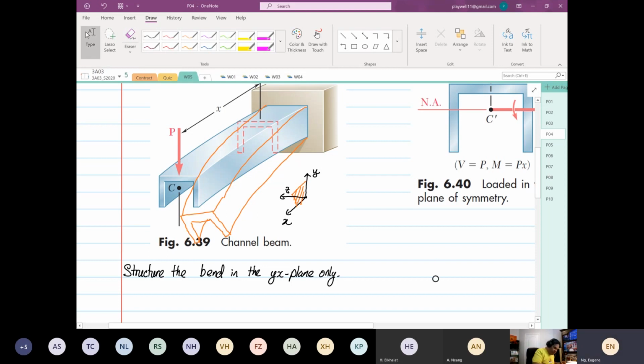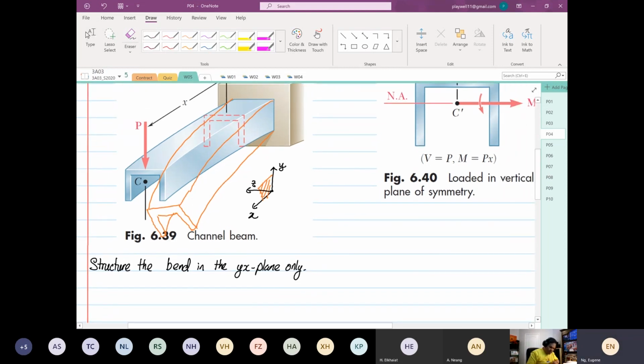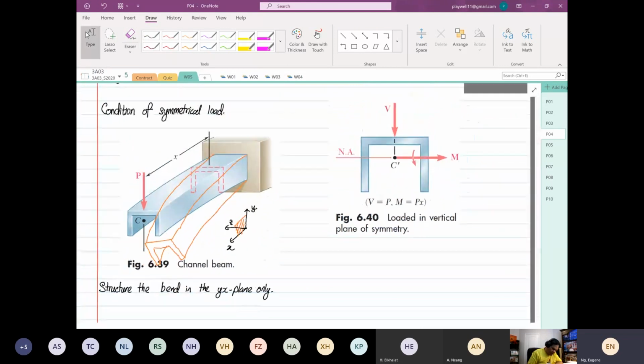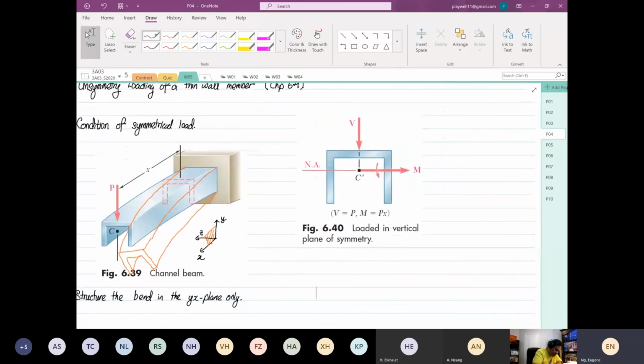So for this case, if we look at the cross-section view over here, this is your Y, this is your Z, and there's your rotation about X, right?